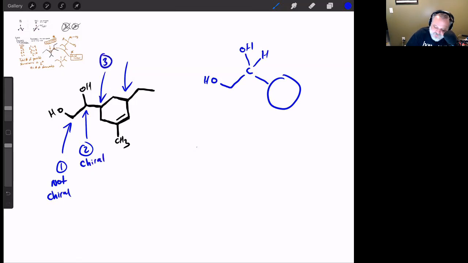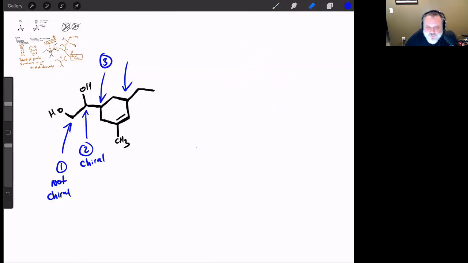Well, what about carbon 3? All right, and so this is where the first little bit of confusion comes in for students. They say, well, it's around a ring. And if I look around the ring clockwise, it's a CH2 group. And if I look around the ring counterclockwise, it's also a CH2 group. So let's draw out the things that it's connected to.